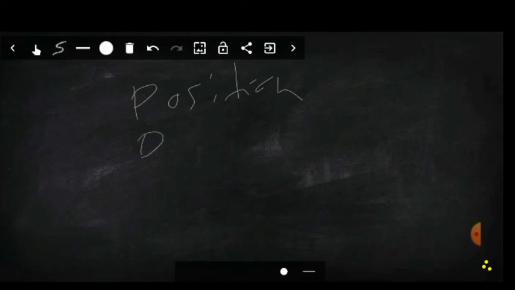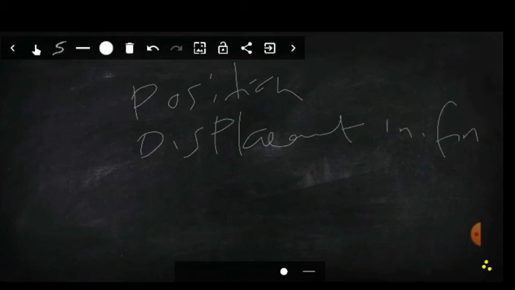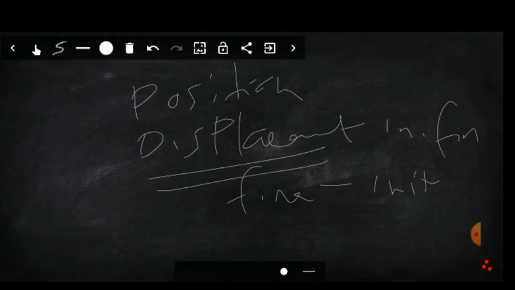Then we considered the displacement vector. Displacement vector means if you know the initial position and the final position, then the components of the final position minus the components of the initial position give the displacement vector. Okay, it is directed from initial position to final position.